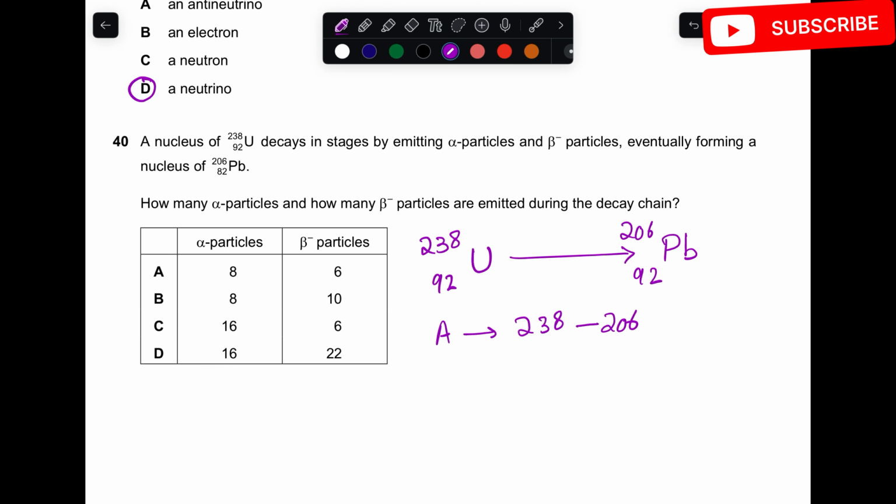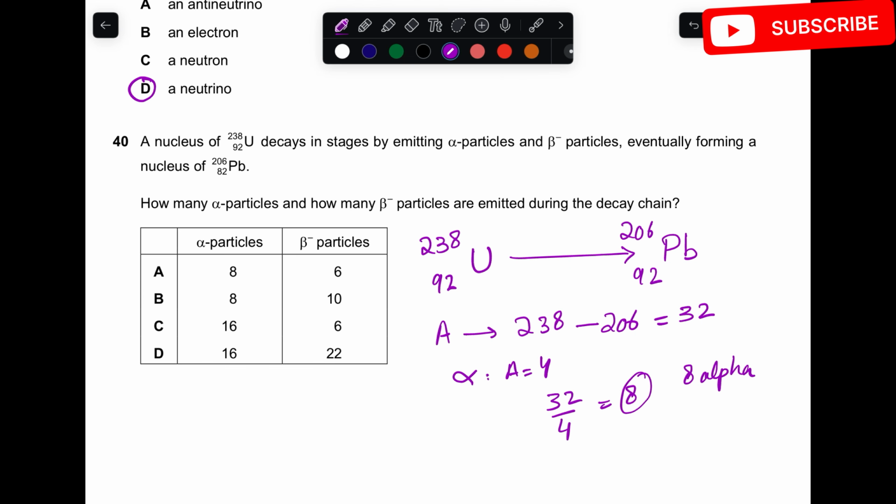If you subtract them, you will get 32. Each alpha has A equal to 4, so 32 divided by 4 gives you 8. So 8 alpha particles will be emitted. The A is only changed because of the alpha, as beta does not have any mass, so it will not change the mass number.